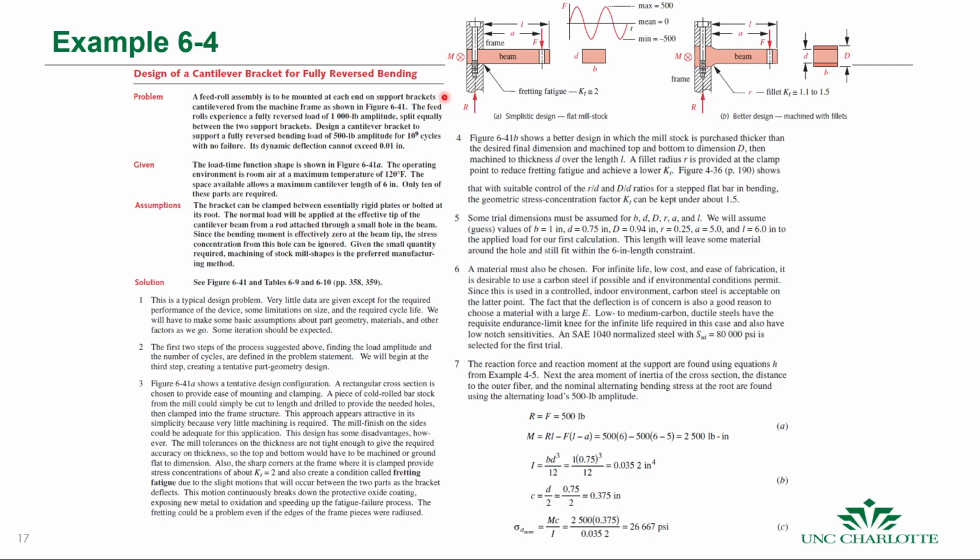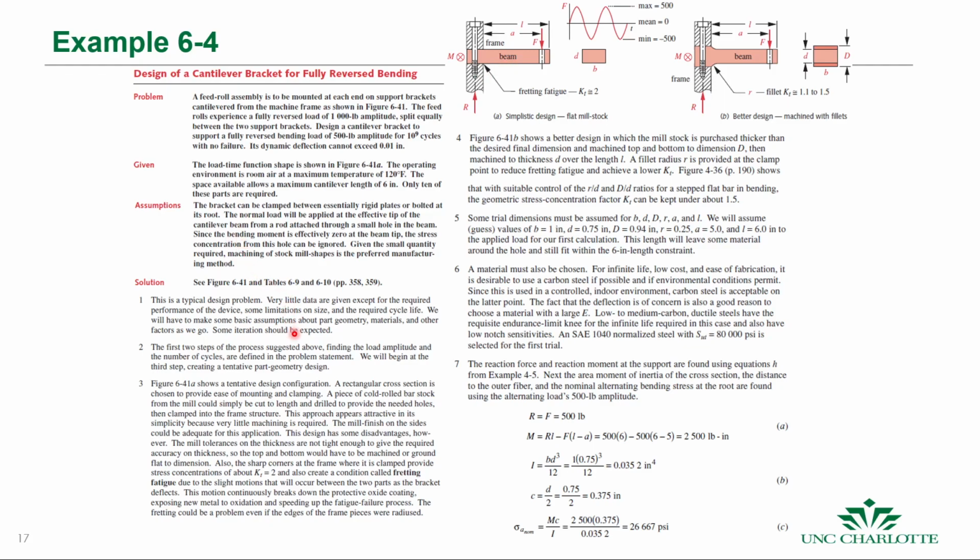They say we can ignore the stress concentration here, and it would be nice to be able to machine these because they only need 10 of them. This is a pretty typical design problem, where we know the loads but we don't know the geometry, so our job is to pick something that's going to survive those loads and won't fail.